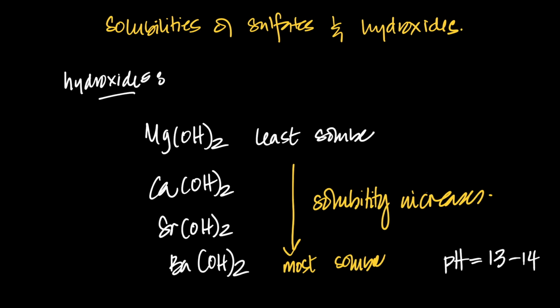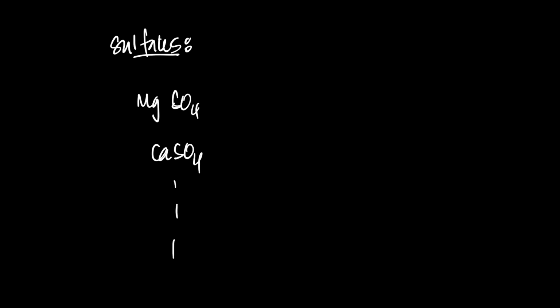Just like how down the group the hydroxides of group 2 increase in solubility, the opposite happens for the sulfates: down this group the sulfates become less soluble. You've got magnesium sulfate, calcium, strontium, and barium. I'm not going to write strontium because it's just a trend.